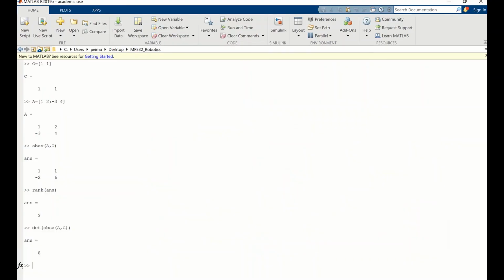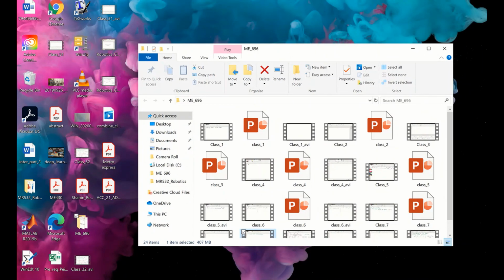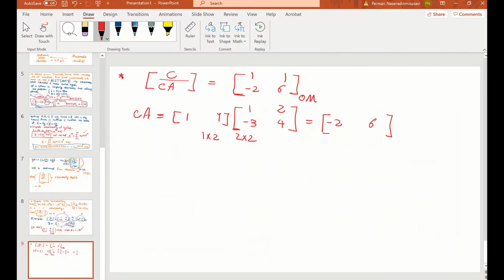Clear? So this is another thing that you have to know. So this is for state space.